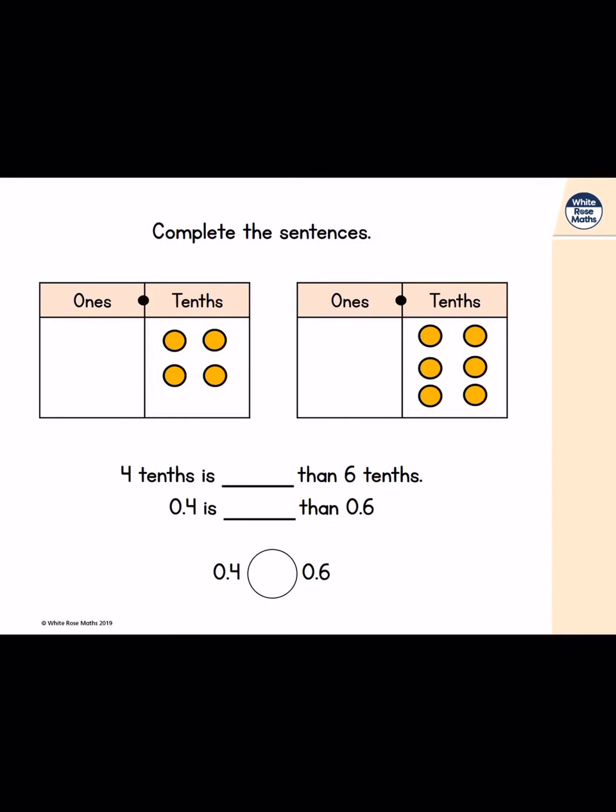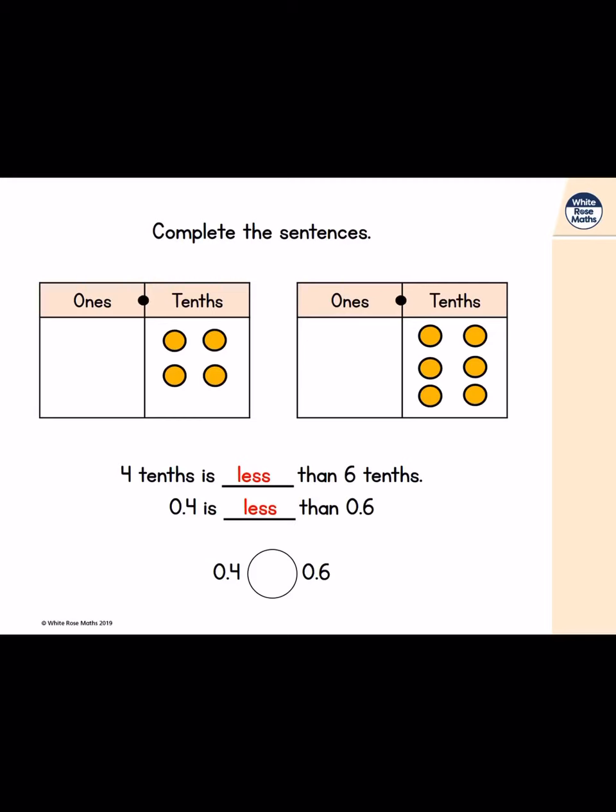Let's think about another question like the last one. The number in the place value grid on the left is 4/10. The number in the place value grid on the right is 6/10. So, what words or symbols do we need to complete the sentences? 4/10 is, yes, less than 6/10. We could say 0.4 is less than 0.6.